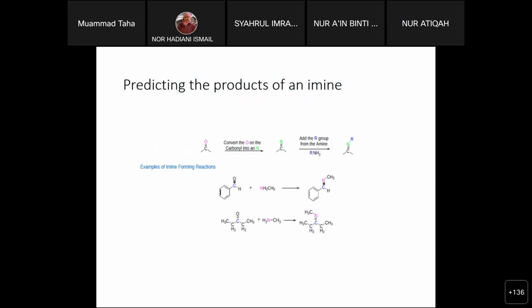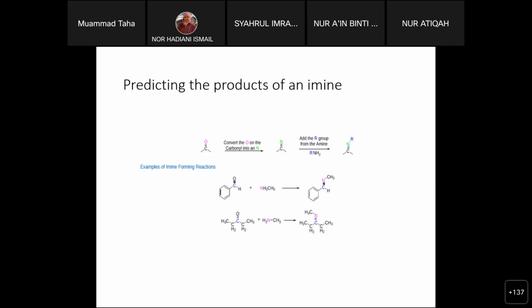Predicting the product of imines: we can predict any of these reactions if we keep in mind the first thing, that we convert the oxygen of the carbonyl into nitrogen. Simple as that. Just put nitrogen in place of oxygen.